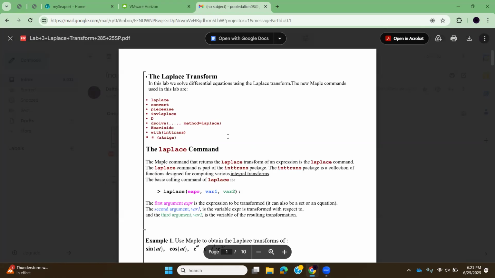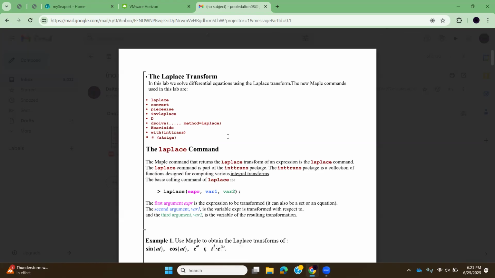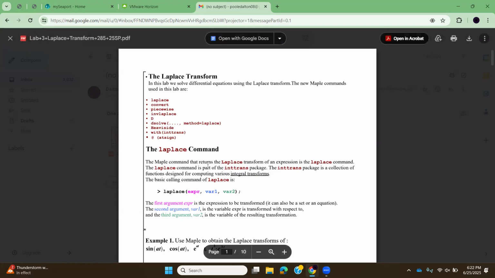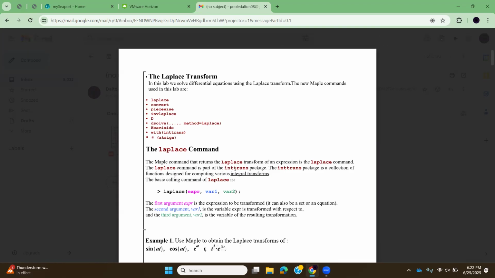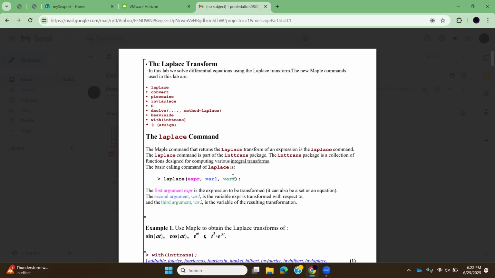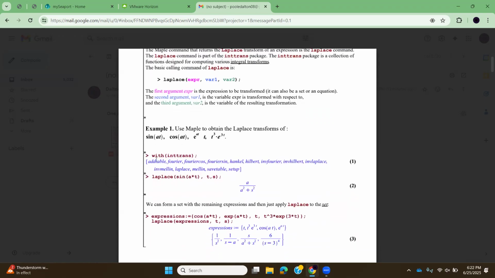Start it off. So, we're just gonna be using the Laplace command in Maple, which is something new, but nothing crazy. Basically, what this is telling you is that the Laplace command is a part of this integral transform package, which has a collection of the different integral transforms, which we see down here.